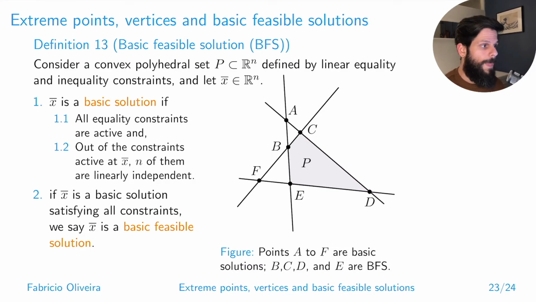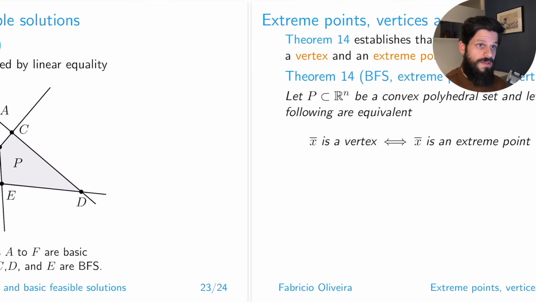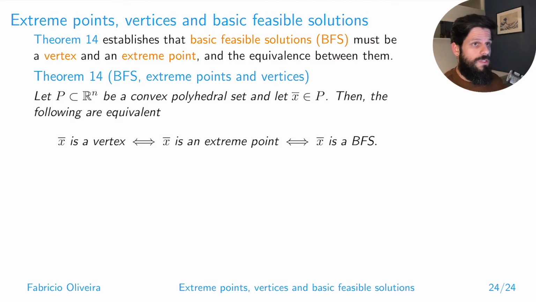You see? Good. And I think that the last thing that is suspended in the air is this main result that kind of wraps up what we had to say today. It's a result that you're going to look into in the exercise sessions, which is basically this idea of connecting vertices of my polyhedral set P, extreme points, and basic feasible solutions.